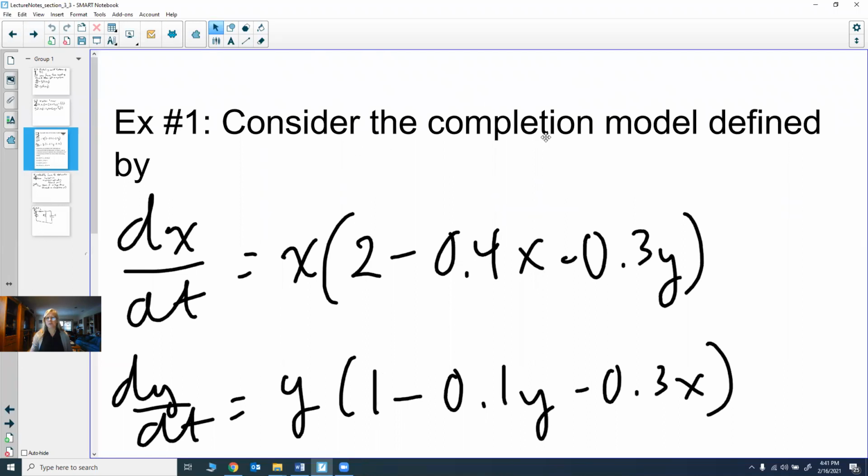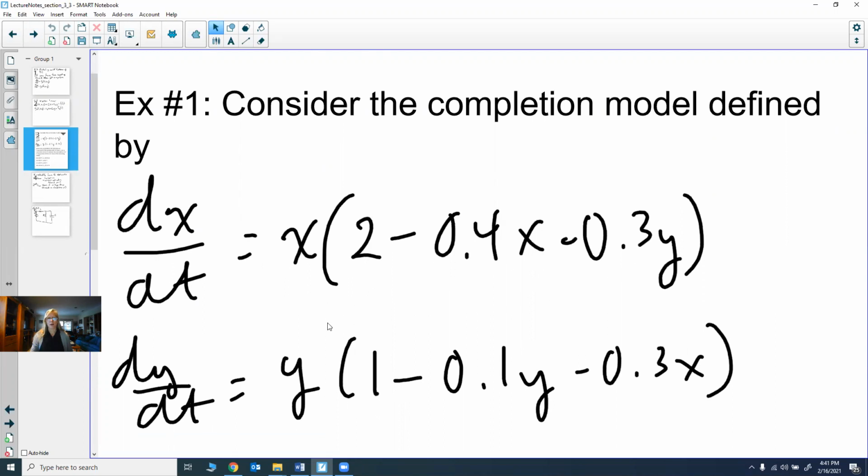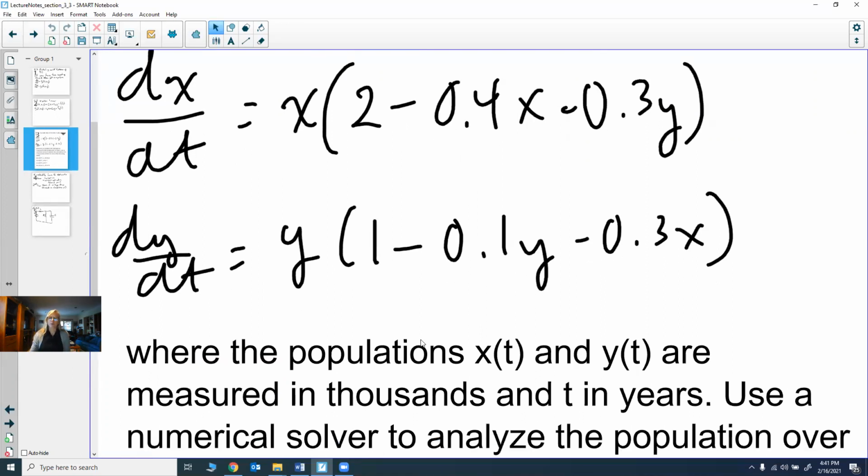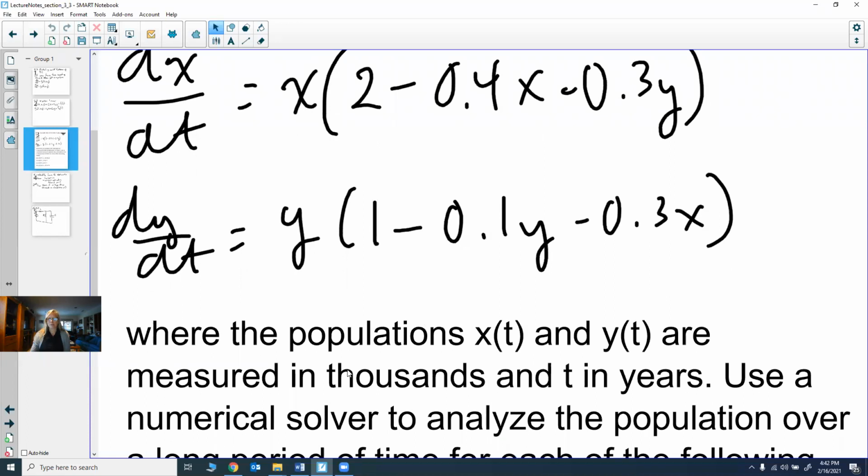So let's consider the competitive model defined by dx/dt equals x times (2 minus 0.4x minus 0.3y), and dy/dt equals y times (1 minus 0.1y minus 0.3x), where the populations x of t and y of t are measured in thousands, and t is measured in years.